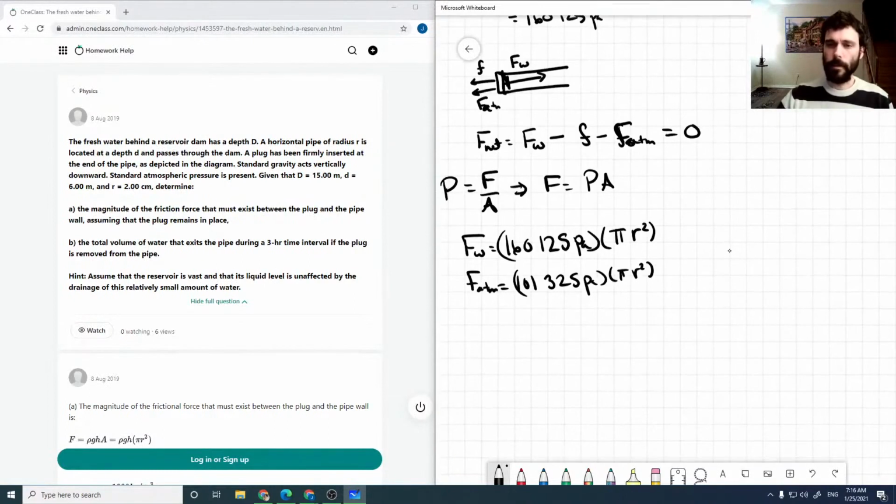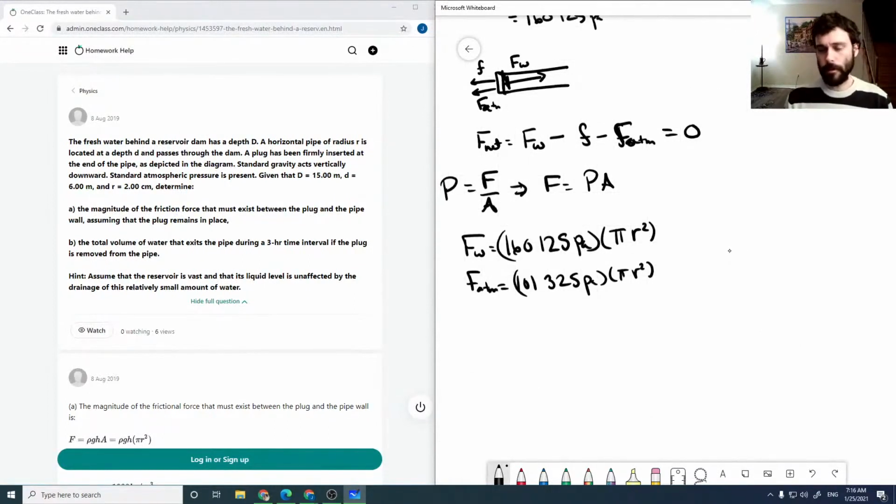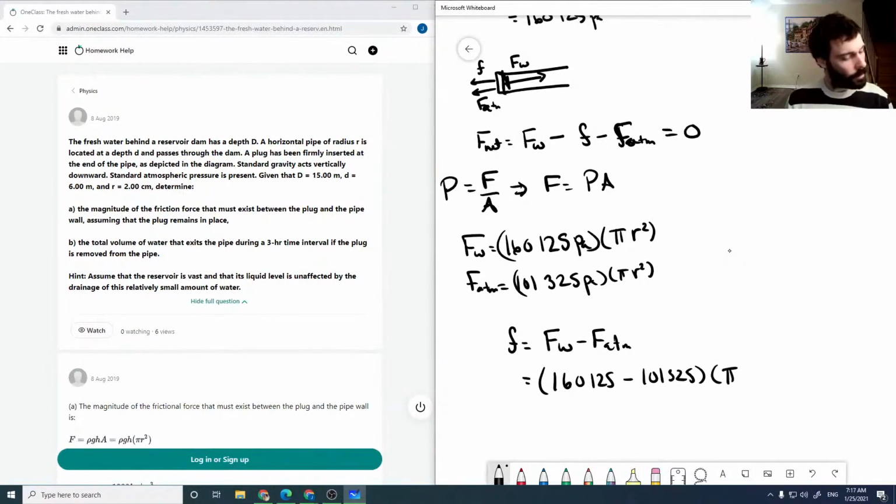So then our frictional force is F water minus F atmosphere, which is 160.125 minus 101.325 times our pi r squared. Our r in the question is given as 2 centimeters, so 0.02 meters.